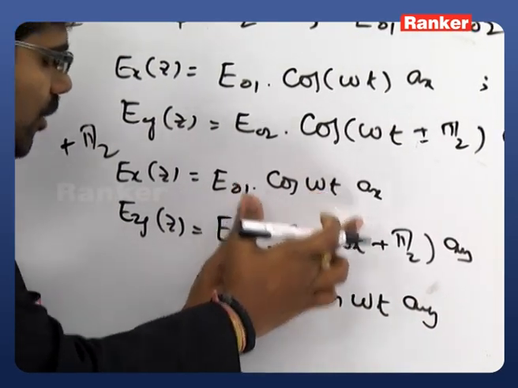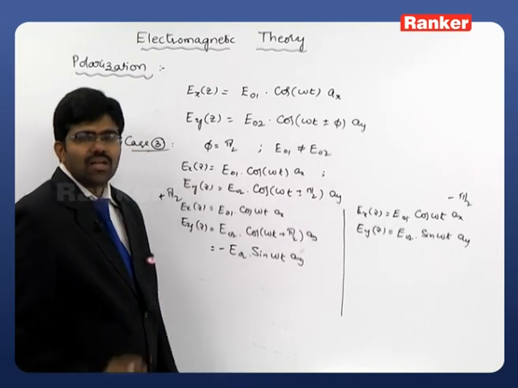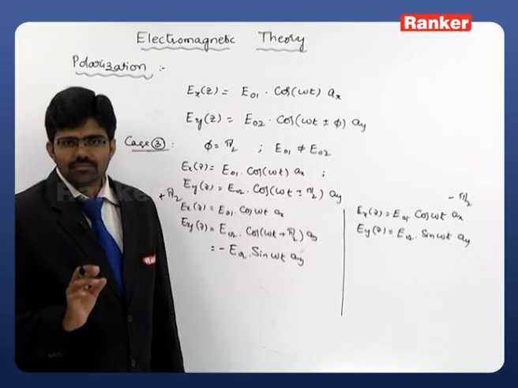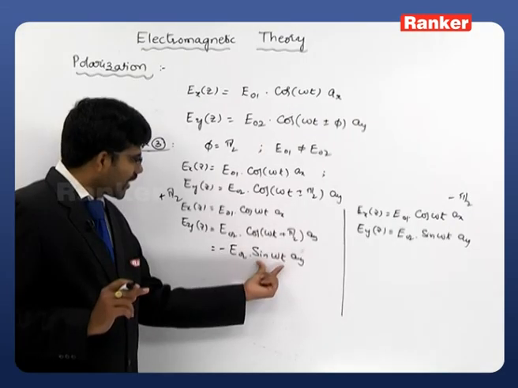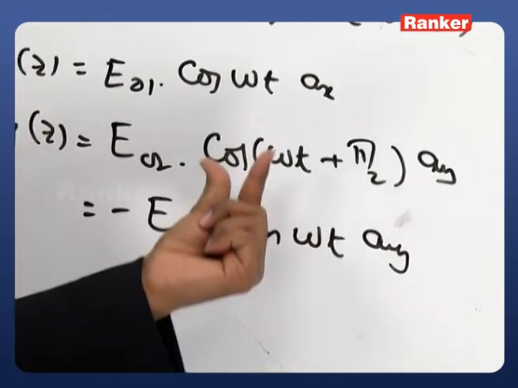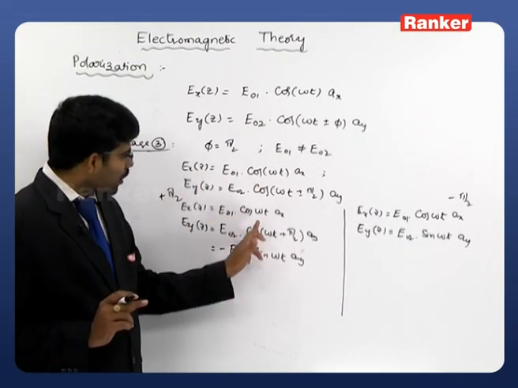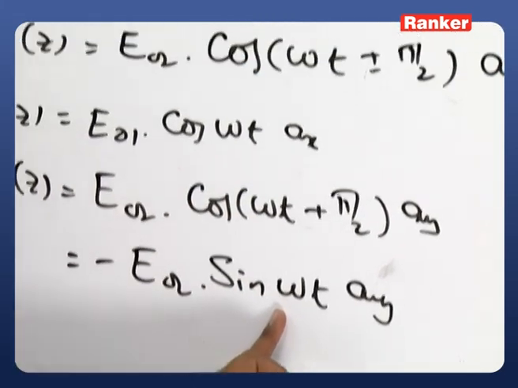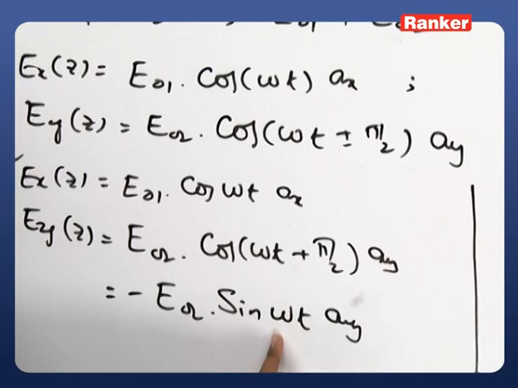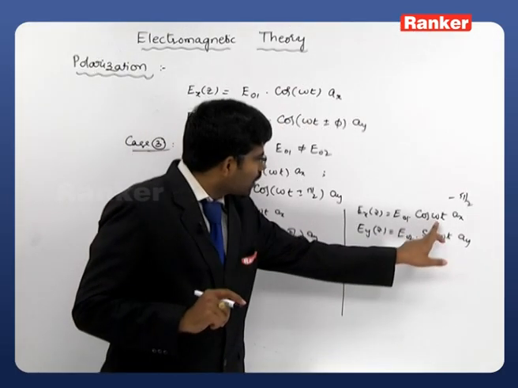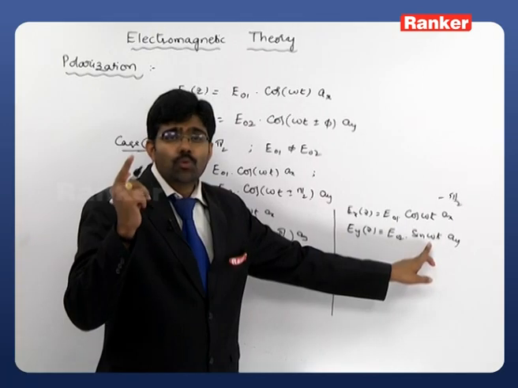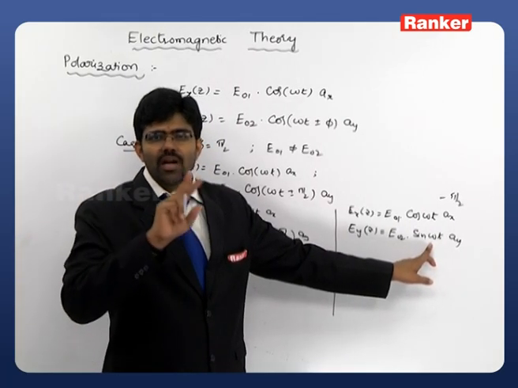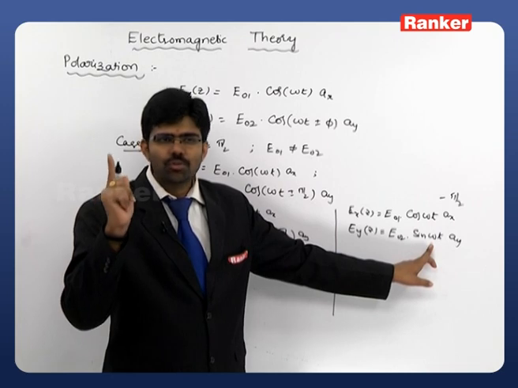Get cos omega t from this one, get sin omega t from this one, square and add them. Once again, get cos omega t from this equation, get sin omega t from this equation, square them, add them. So cos square omega t plus sin square omega t is equal to 1.